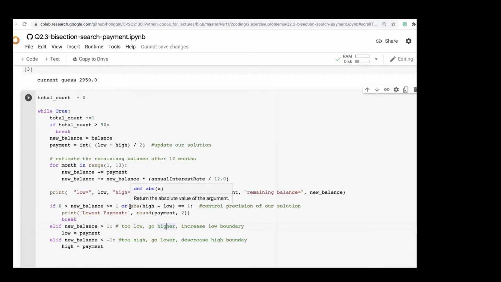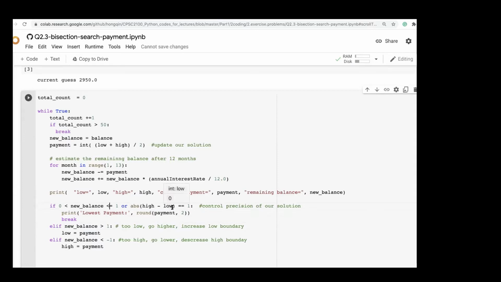But how do I stop this? Apparently, my criteria is basically, if the new balance is less than $1 but greater than zero, like 0.99 cents, that's good enough.